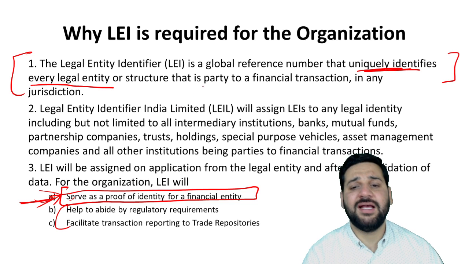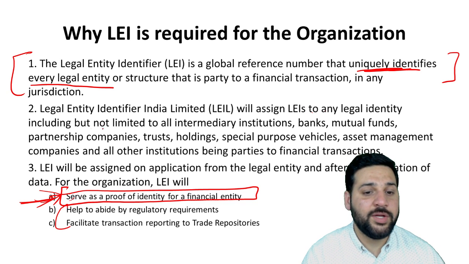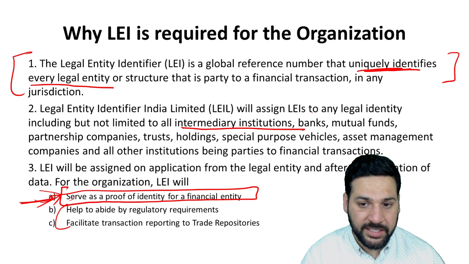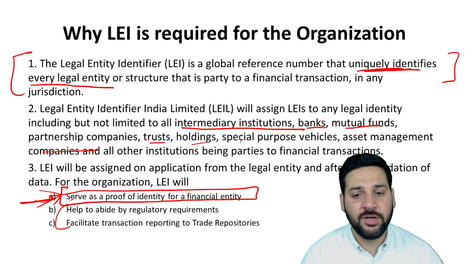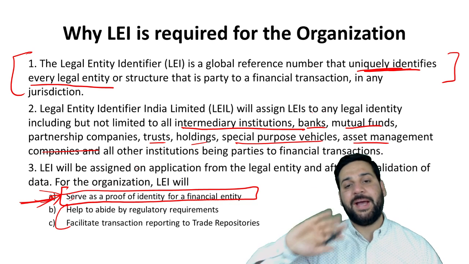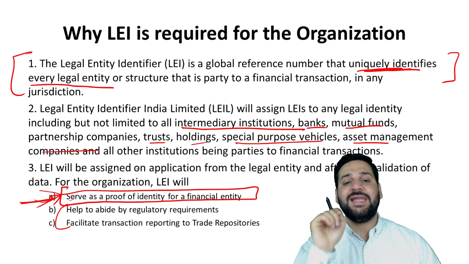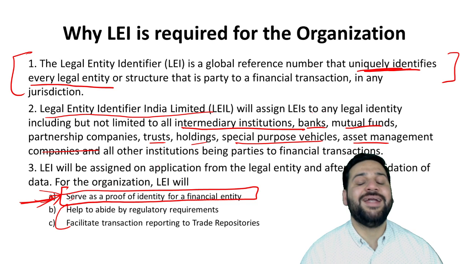LEI would be assigned to legal entities including but not limited to intermediary institutions, banks, mutual funds, partnership companies, trusts, special purpose vehicles, asset management companies. All the AMCs, mutual funds, banks, they need to get LEI. Right, and there is Legal Entity Identifier India Limited.